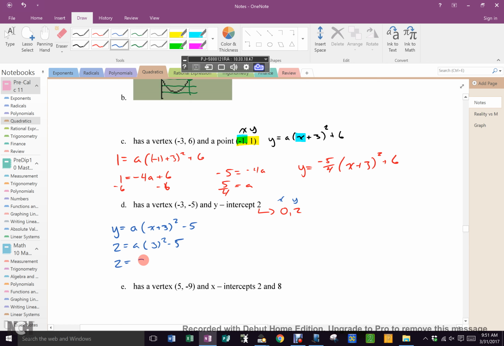So 2 equals 9a minus 5. Yes? Then what? Bring the 5 over. So 7 equals 9a. What does a equal? 7/9. So what's my final equation?